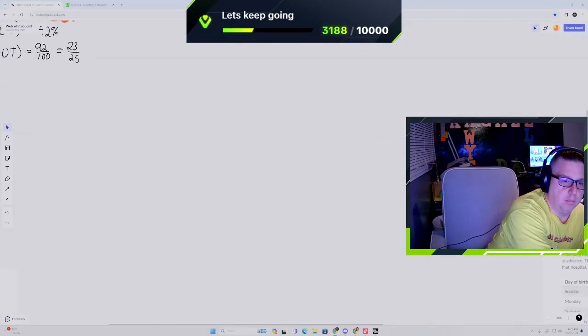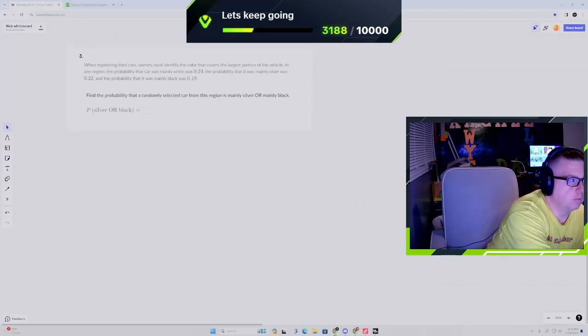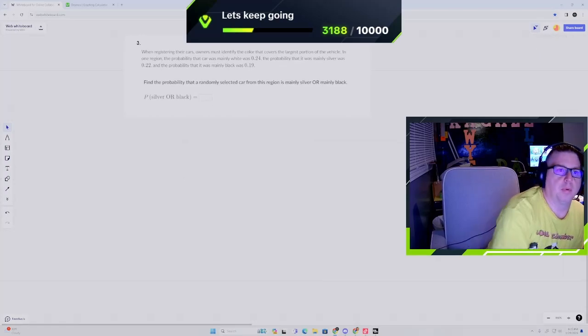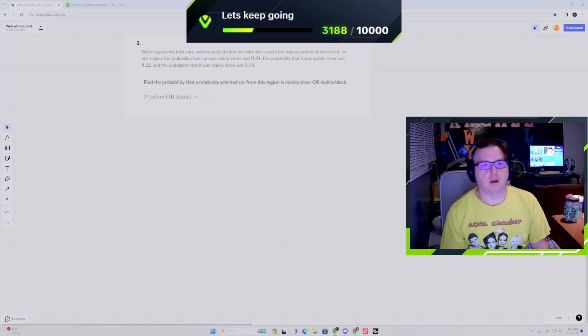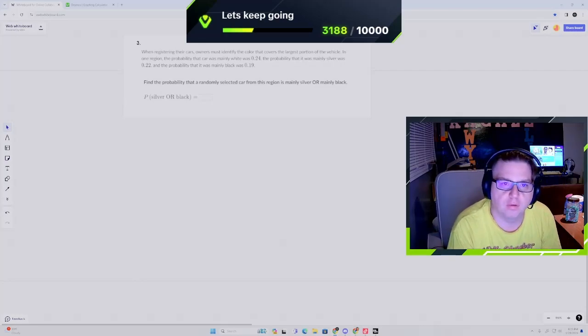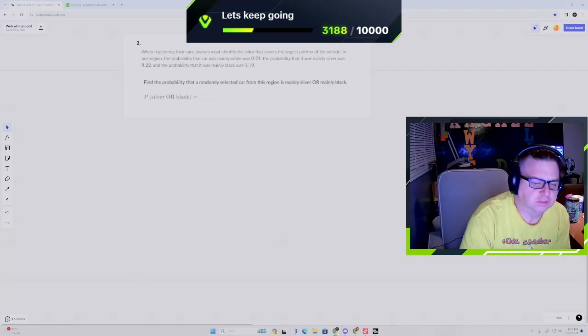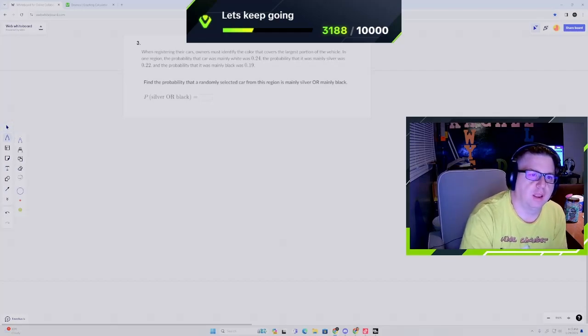All right, number 3. Number 3 says, when registering their cars, owners must identify the color that covers the largest portion of the vehicle. In one region, the probability that the car was mainly white, so now we're going to look at the probability of mainly white is 0.24.